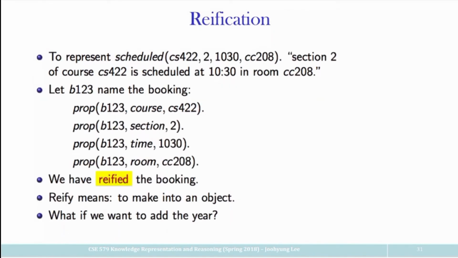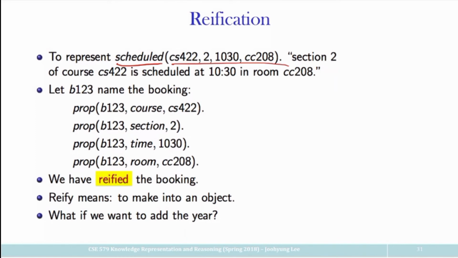Now the problem comes when you have to represent something like this. So section 2 of course CS 422 is scheduled at 10:30 in room CC 208. Now this is one way that you might write it in ASP, a fact that has now 4 arguments. How can you do that in this RDF that has only 3 arguments?